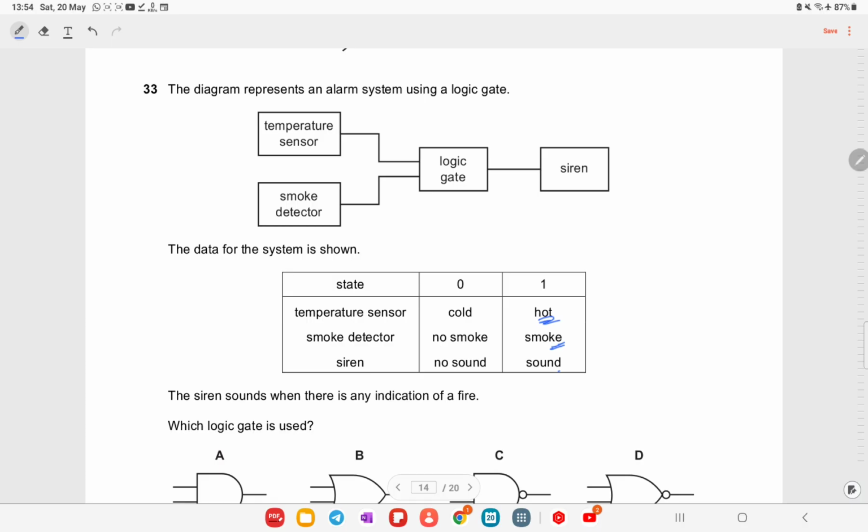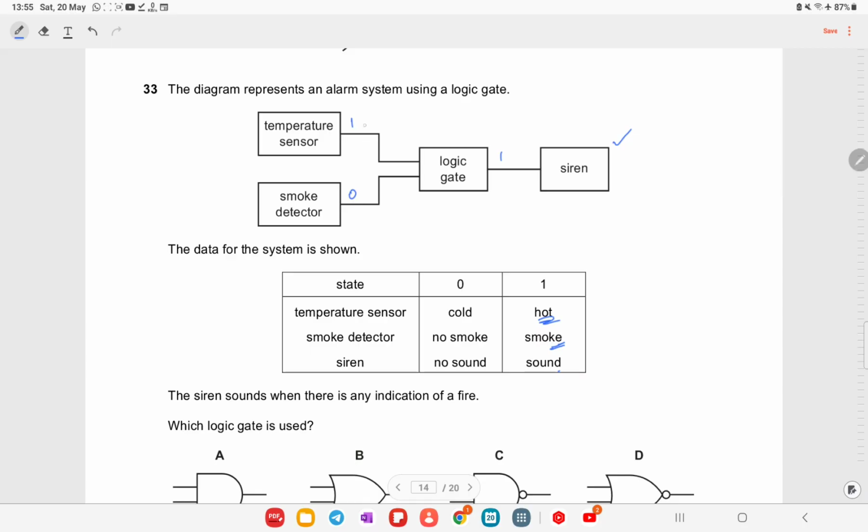Okay, hold on, let me do some working over here to find out which type of gates can be used. Now you see this thing, if the temperature sensor is hot, and you don't detect a smoke, so the logic gate should be on, and then you will listen to this alarm sensor.